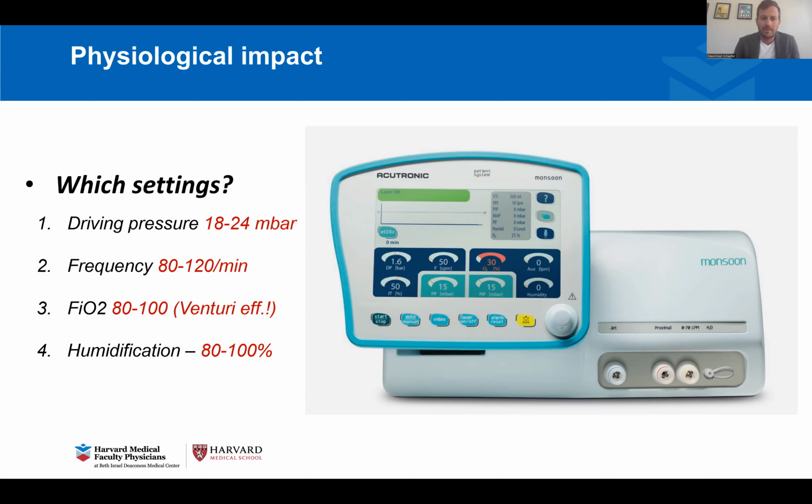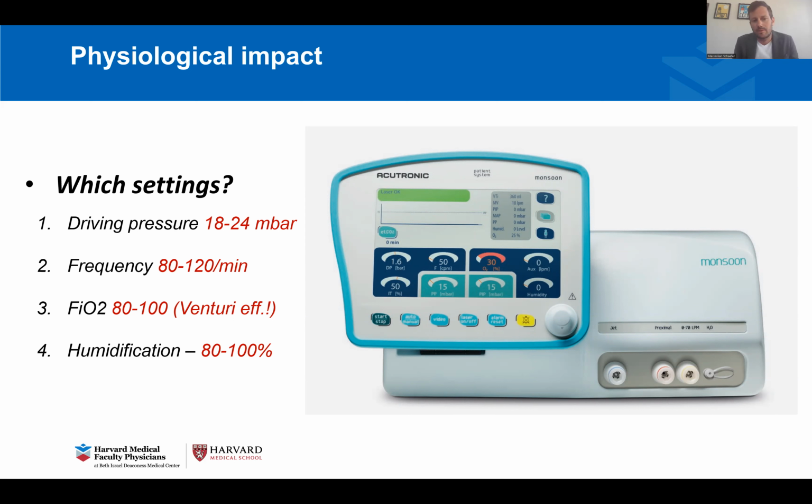Historically, the recommendations were more in the 24 millibars range. And I think that this was what drove a lot of the hypocarbia events that we saw in our study. And we've become more conservative, and also we widened the range. So for the lower end, and I'm going to talk about this on the next slide, we're recommending 18 to 20 for slimmer patients with a higher respiratory system compliance, and the higher end, about 24 millibars, should be reserved for very obese patients.